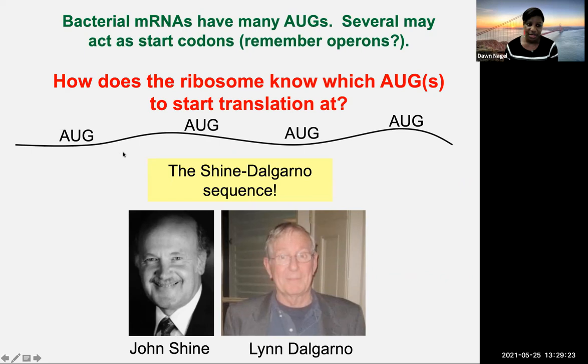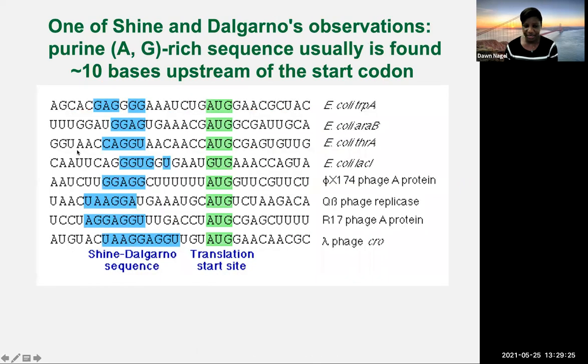What they discovered was that there are sequences upstream of a particular AUG which seem to be shared between multiple different bacterial species. It wasn't just random, right? They noticed a purine-rich sequence, usually approximately 10 base pairs upstream of this start codon.